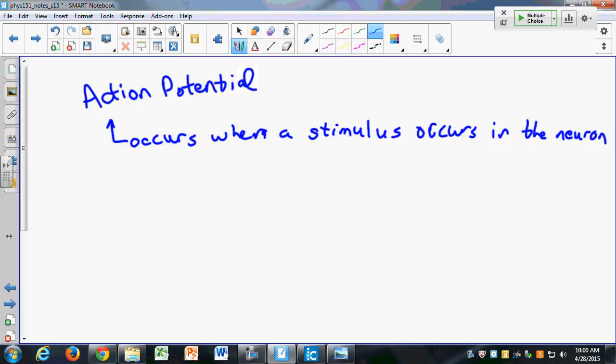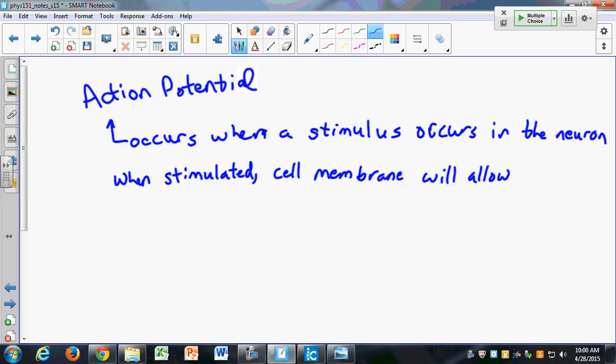When it's stimulated, the cell membrane will allow ions to move across. And obviously this changes the resting potential.